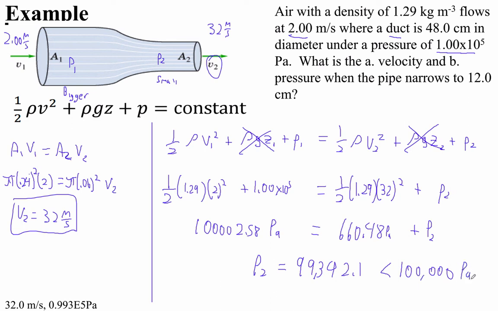Okay. Now, why is this pressure less than this pressure? Let's think about it. If you're a particle right here, and you're going from here to here, aren't you accelerating? You have to accelerate. You're going from 2 to 32 meters per second. Doesn't that mean that there has to be more pressure behind you and less pressure in front of you for you to accelerate?